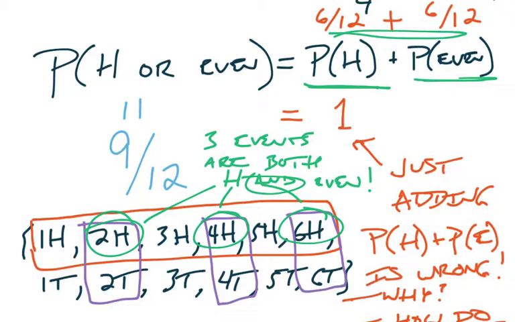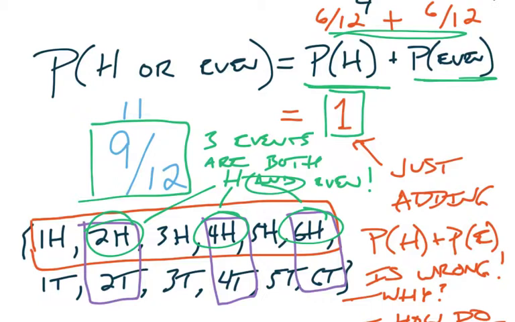If you look at how far off our answer was, the wrong answer we got here was 1. The actual answer, which we found just by counting up the events, was 9/12. How far off is 1 from 9/12? Well, it's off by 3/12. And look, we got 3 events that were in the overlap: 2H, 4H, and 6H were the overlap.